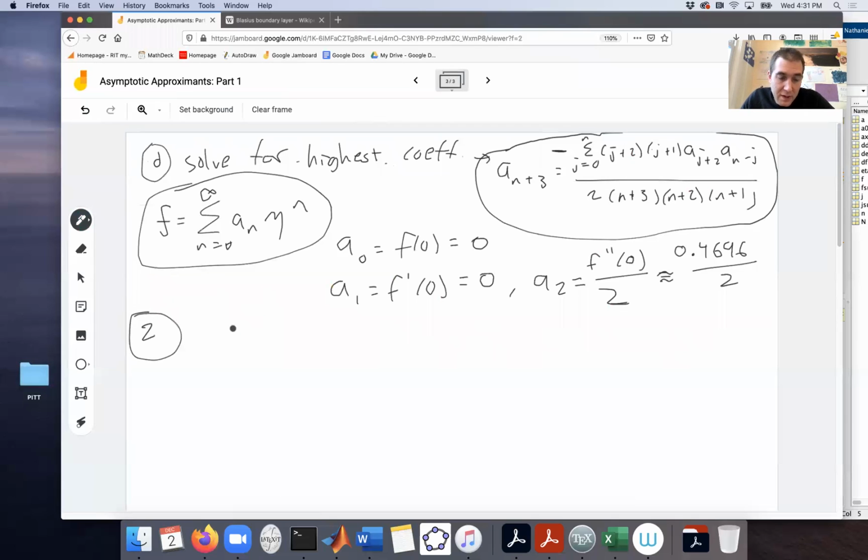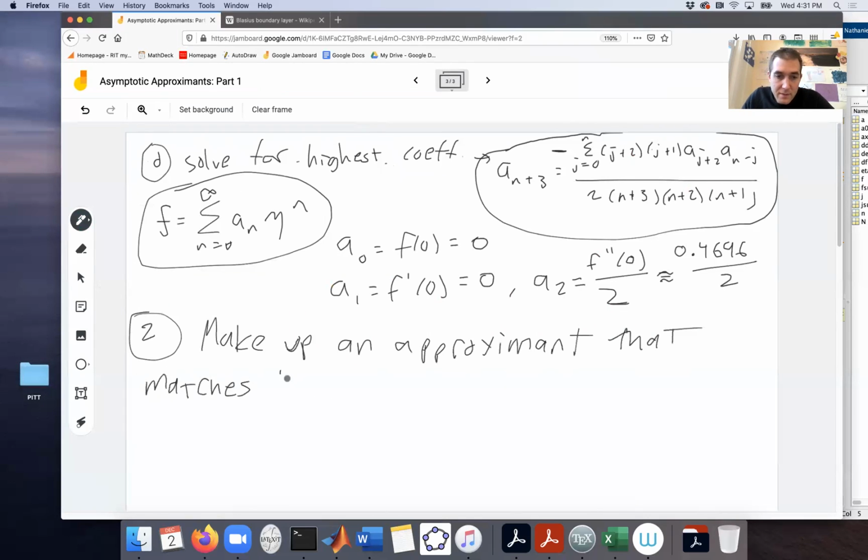Step 2. Make up an approximant. And the first approximant that you make up is not going to be the best, but you just got to try something and then work towards something that's better, that matches behavior at the other side of the domain.